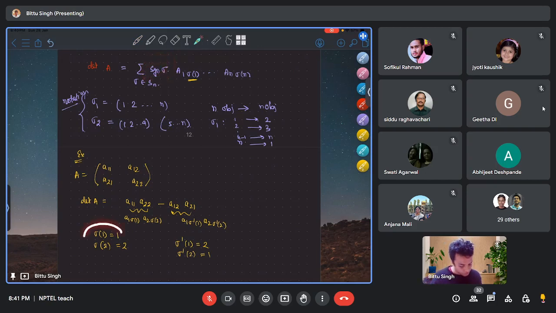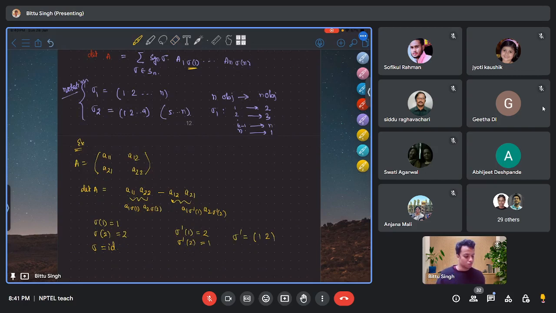For example, for this identity permutation, the sign is 1, and for this sigma dash permutation, which can be written as (1 2), and sigma is the same as identity. So for sigma dash, it means 1 goes to 2 and 2 goes to 1. This is the way of representing a permutation.